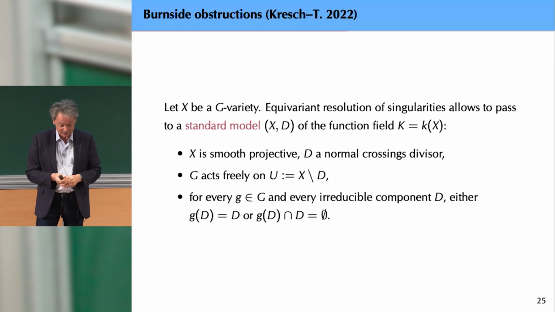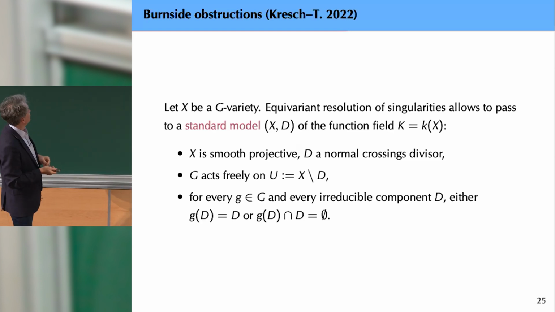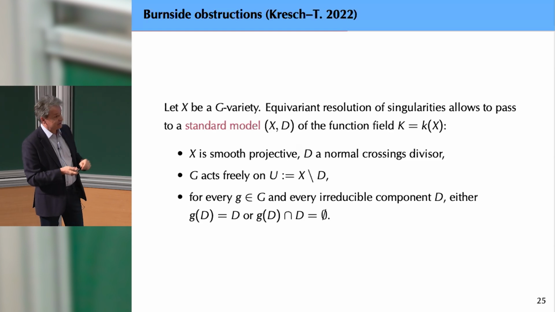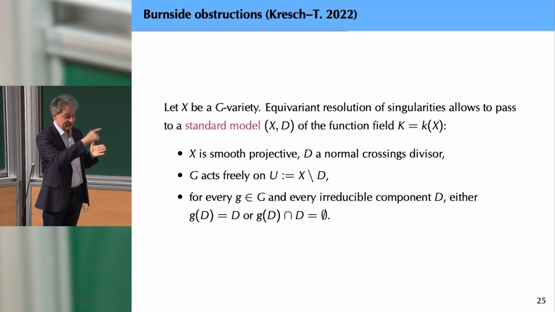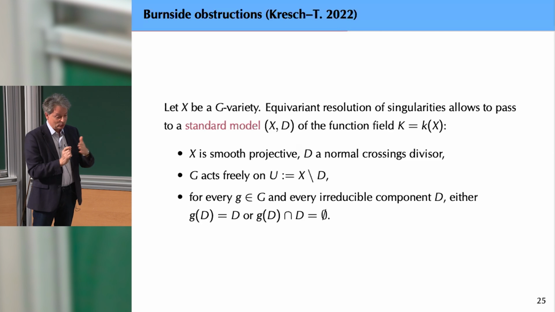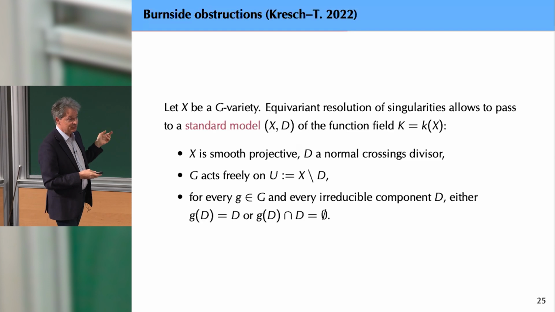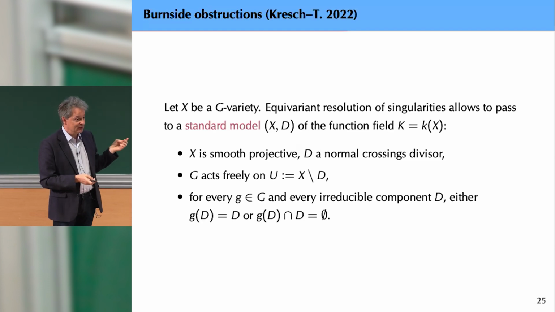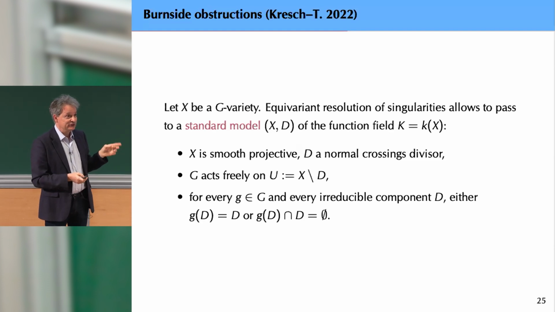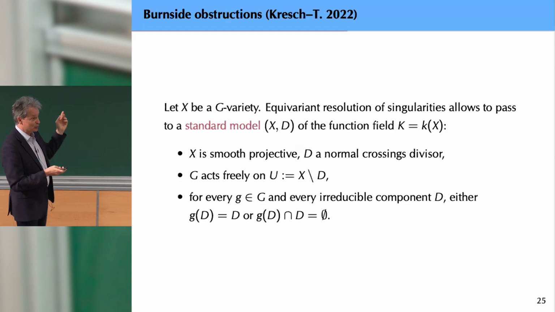On the complement, the action is free. And one property that's not completely straightforward that you want is that when you act with your group G on the divisor, either you stay within the divisor or the translate of the divisor is disjoint from your divisor. That's a technical condition, and you can achieve this. Once you're on this model, all stabilizers, not only divisorial stabilizers, are abelian. That's called a standard model.